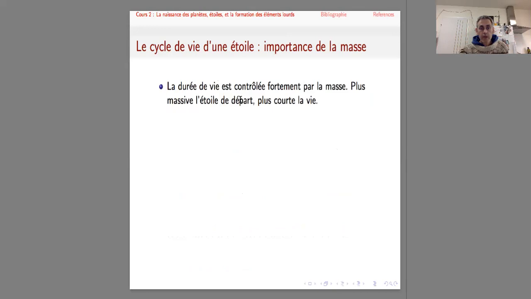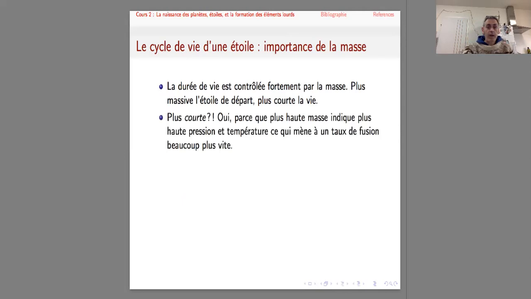The lifespan of a star is strongly controlled by its mass. The more massive a star at the starting point, the shorter the life. Yes, shorter. You didn't hear incorrectly, or I didn't say it wrongly.